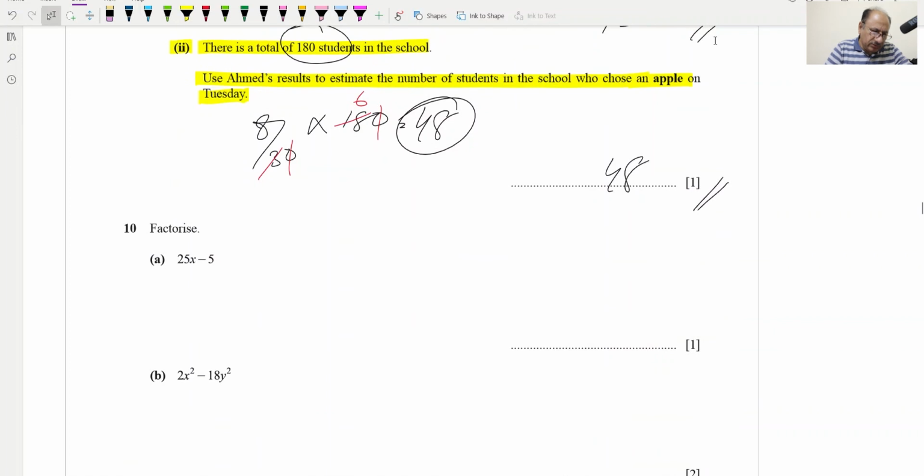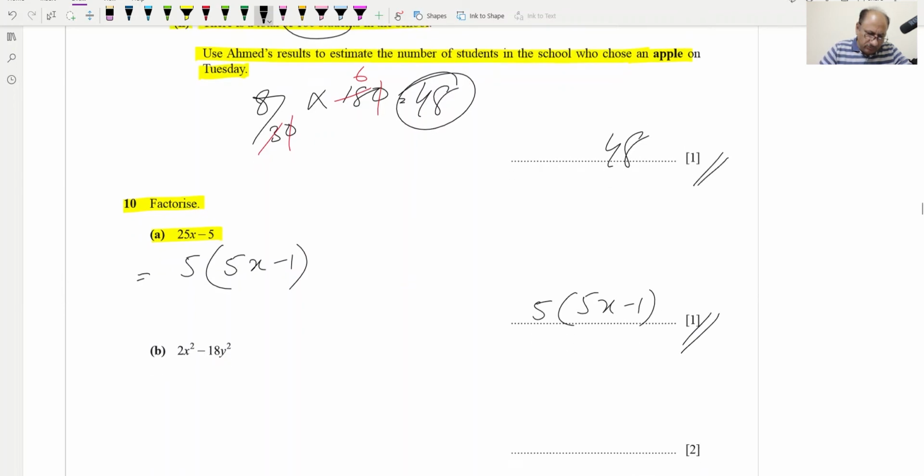Hopefully you understood this. Next, question number 10 is factorization. We have to factorize. We'll have to take the maximum common factor, and this will be 5 we can take common, so inside will be 5x minus 1, and that is the simplest possible answer which we can write. This is 1 mark.